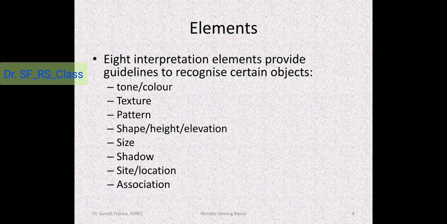As I've told, the paddy will not be seen on the top of a hill, so it's an association. It will be found along the valleys. It's a valley fill characteristic. And also you can see tea plantation will not be there in the bottom valley region. It will be found on the top of the hills, where there is a cool climate.